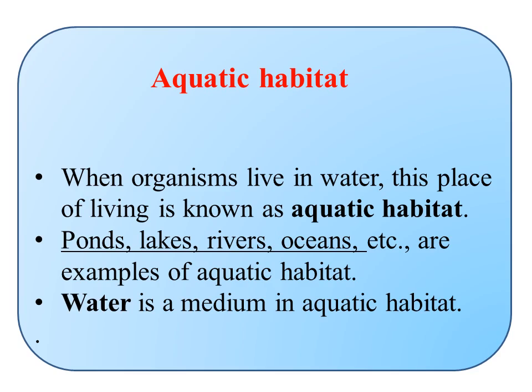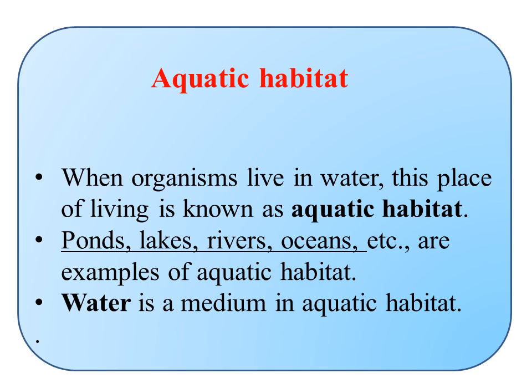When organisms live in water, this place of living is known as aquatic habitat. Why are they living in aquatic habitat? The main reason to live in water is to take shelter there, and they are getting their food, shelter and favorable climatic conditions to survive, breed and flourish in the aquatic environment.